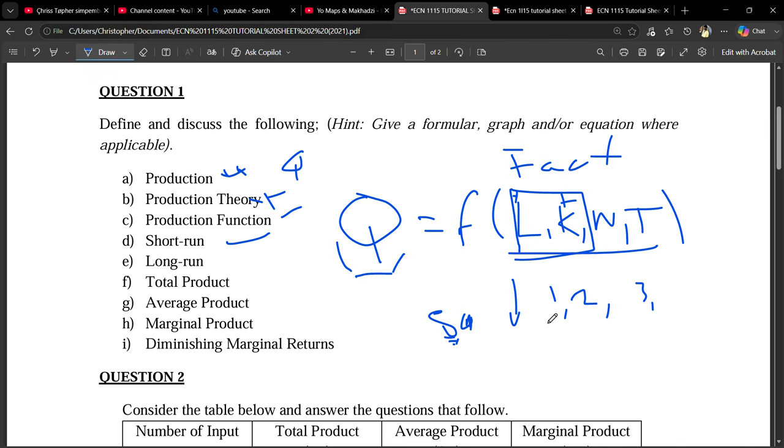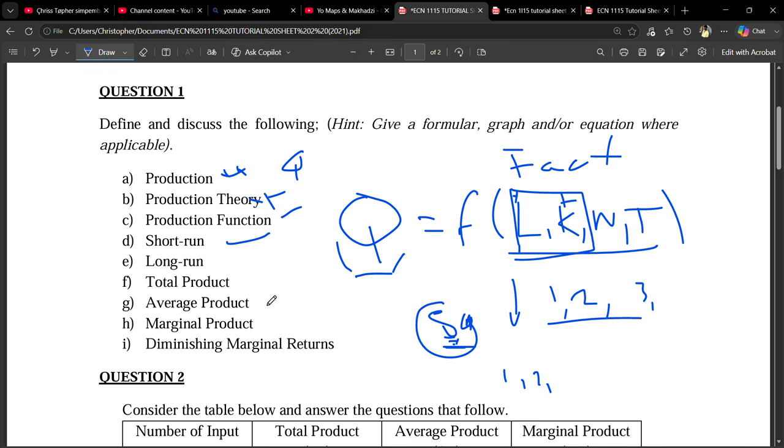As you can see, this is changing, but this is constant. And then in the long run, both of them are varying. The shovels are changing, they add 1, they add 2, and even the people are changing. So that is the long run.